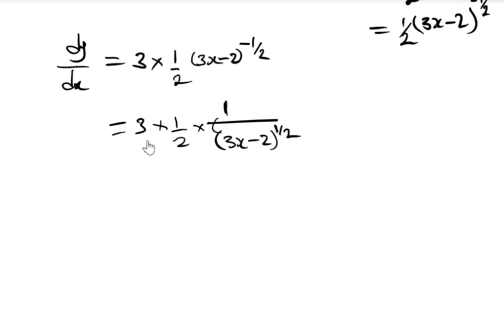So this will be equal to 3 multiplied by 1, which gives me 3, divided by 2 multiplied by (3x minus 2) to the power of half. So this is our final answer.